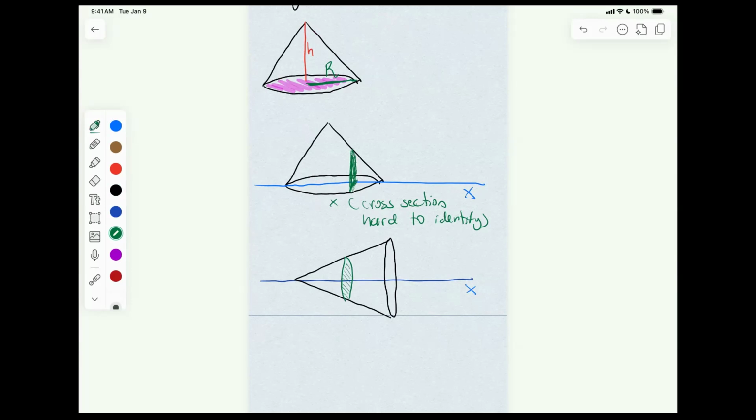It's just a smaller disk compared to the previous one. What I'm trying to say is that it does matter how you decide to set up the cone because you're trying to cut it. Not every cut is as easy to identify as others.